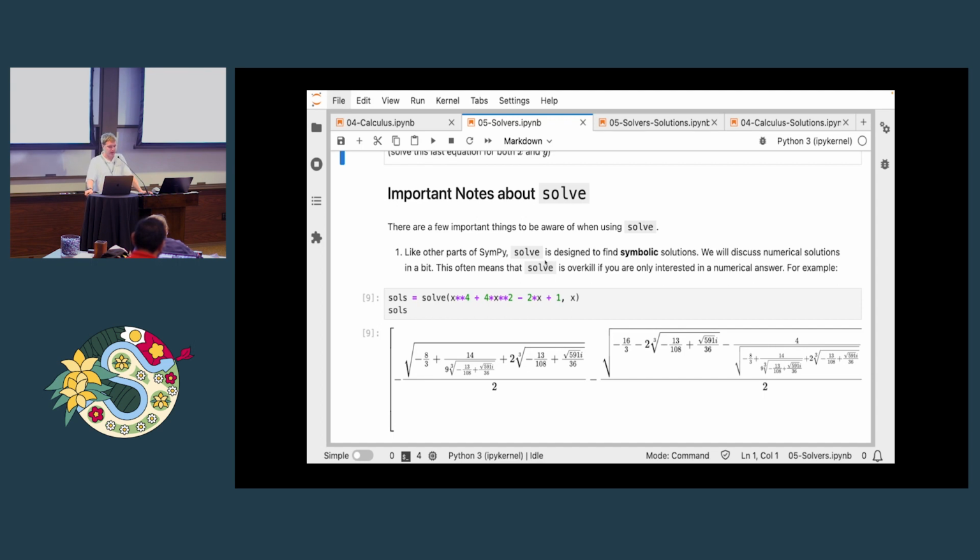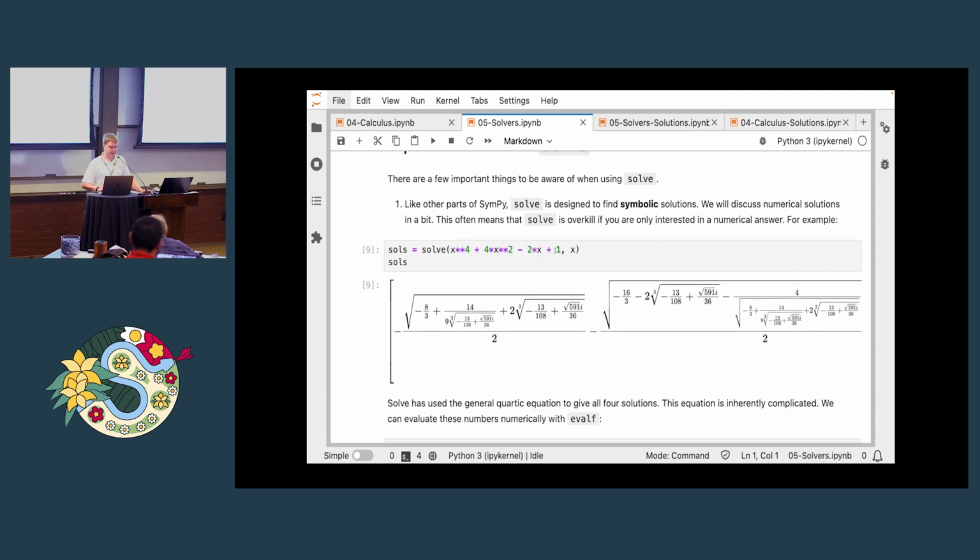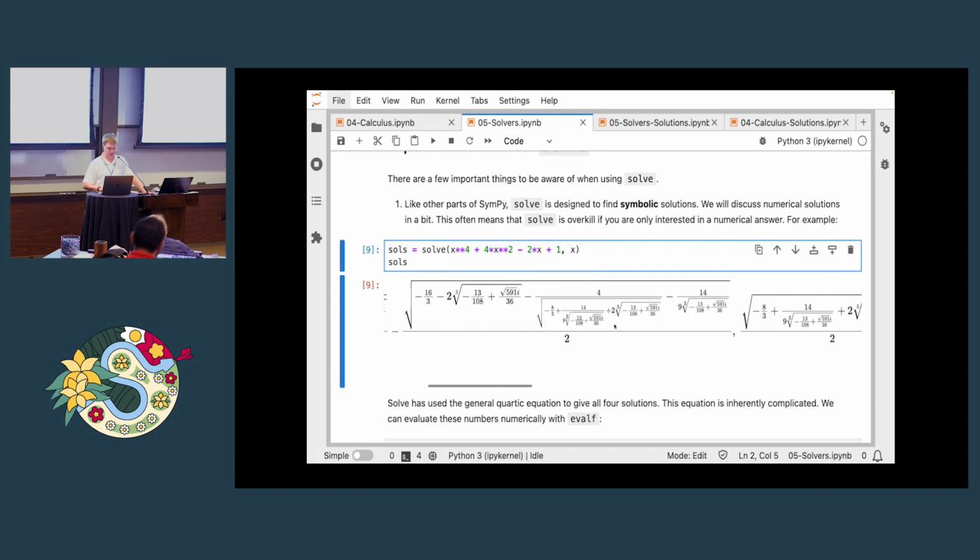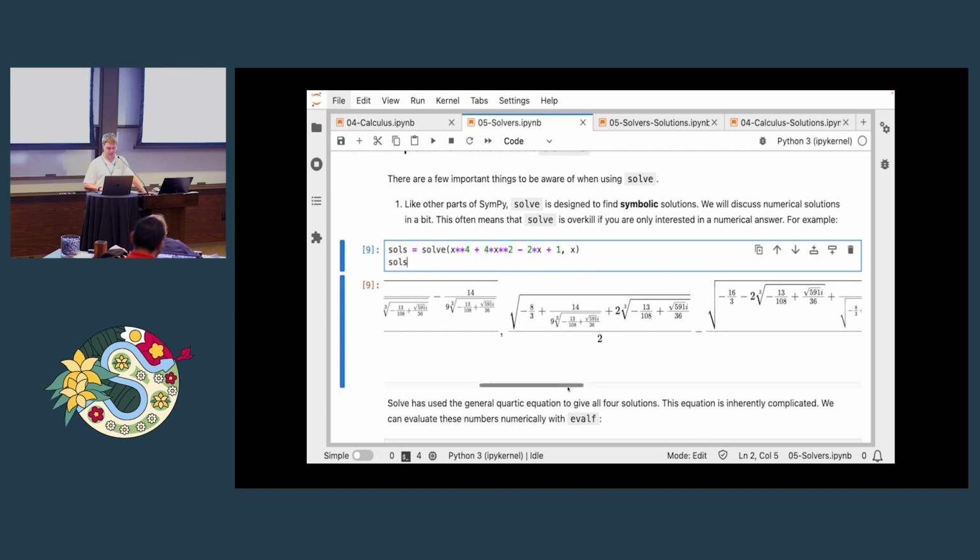And it'll do this even if the solution is some crazy expression that's way more complicated than what you were probably looking for. So for example, to solve this polynomial x to the 4 plus 4x squared minus 2x plus 1, the solution involves the general quartic equation. And so this is what the solution looks like. There's 4 of them.